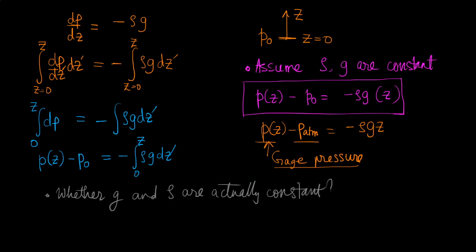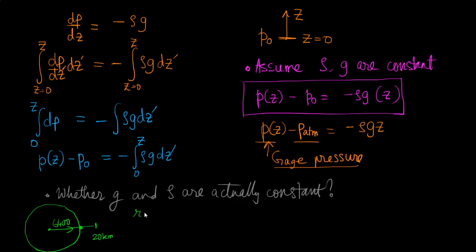So the radius of the earth is 6,400 kilometers. So suppose from this point at the surface of the earth, you go to an altitude of 20 kilometers, which is like the service ceiling of some supersonic jets.